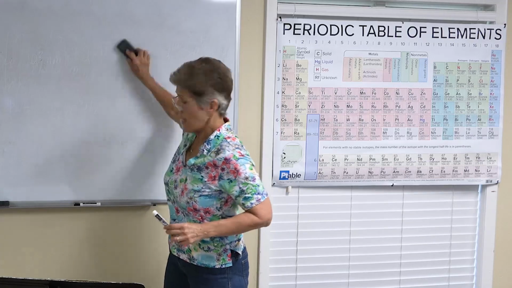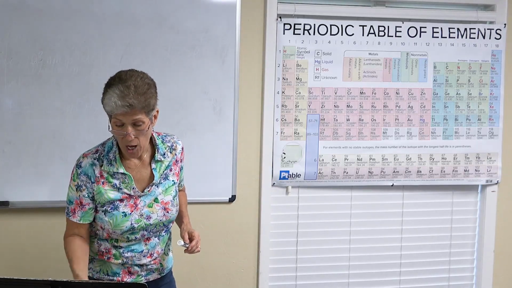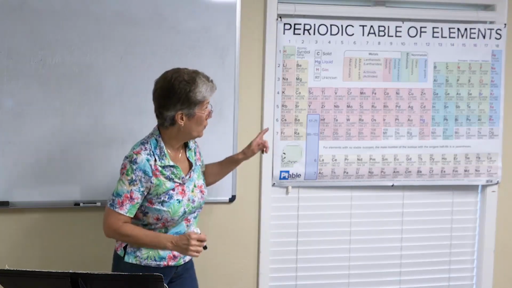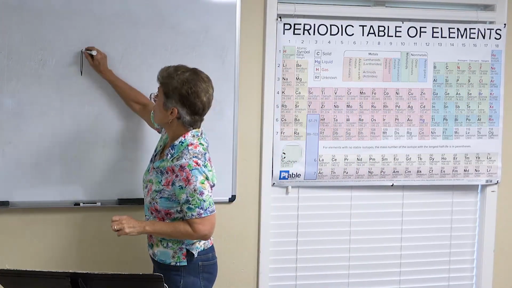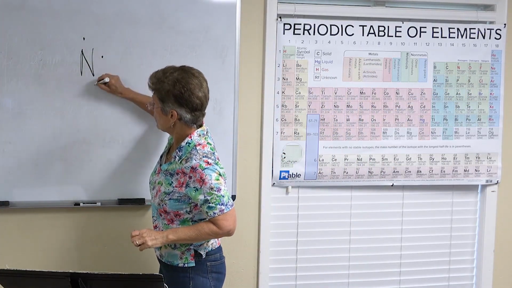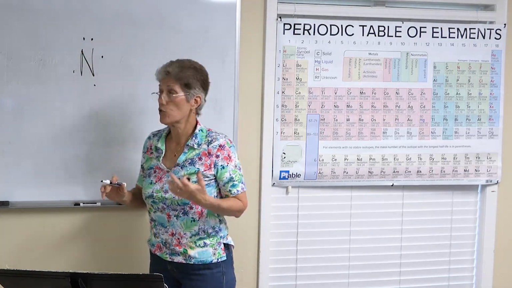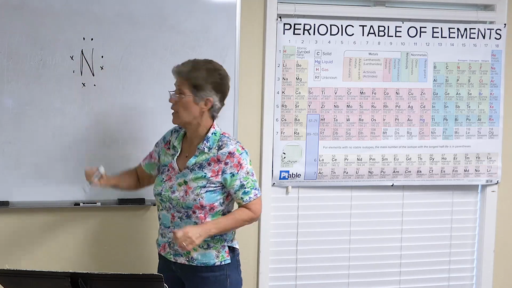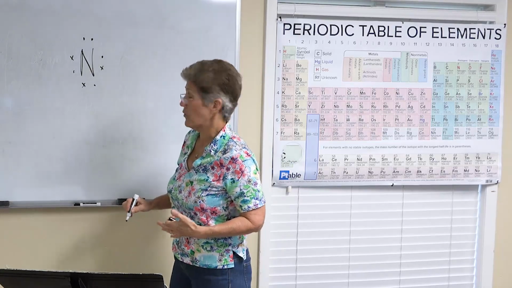The next one, number 8, asks us to draw the Lewis structure for the ion that nitrogen forms in an ionic compound. Well, nitrogen is here in group 5. And so nitrogen normally would have 1, 2, 3, 4, 5. But in an ionic compound, it wants to reach 8. So it's going to snag 1, 2, 3 electrons in the process of making an ionic compound.